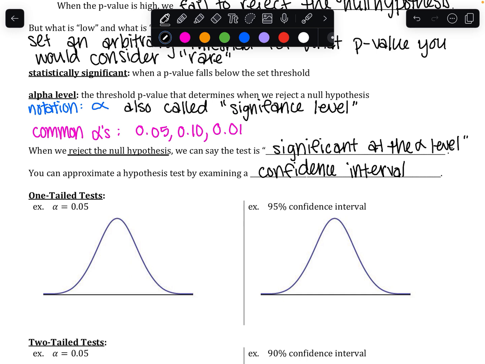If it's less than 0.05, I would reject the null hypothesis. If it's greater than 0.05, I would fail to reject the null hypothesis. Okay, but I want to know what confidence interval level would be associated with an alpha of 0.05.